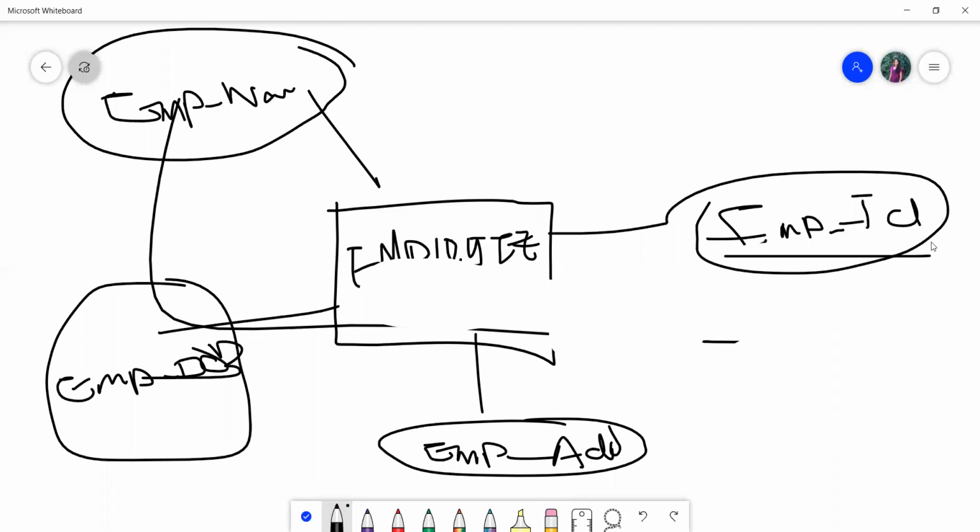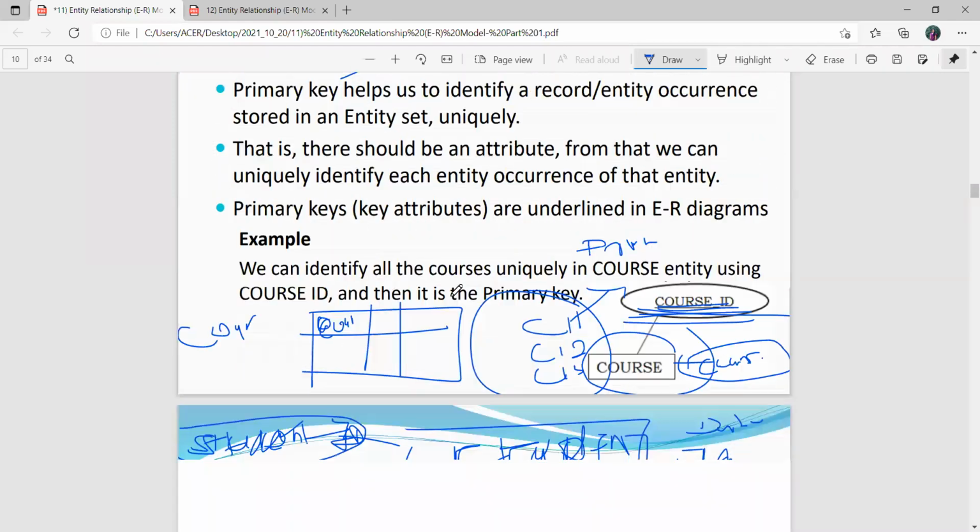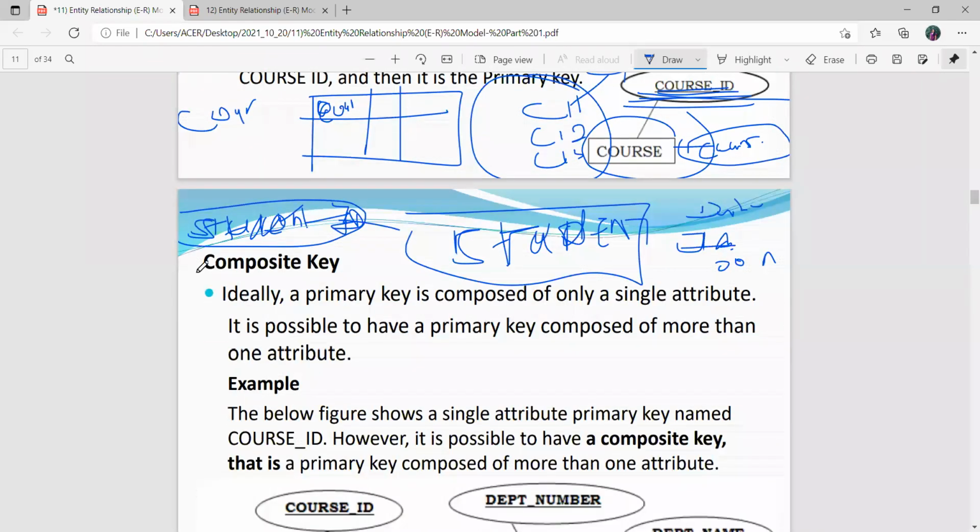Okay, I think now you can identify the entity, the attributes and the primary key. Then let's discuss the composite key. It is very important to identify these things, and you need to keep these things in mind.